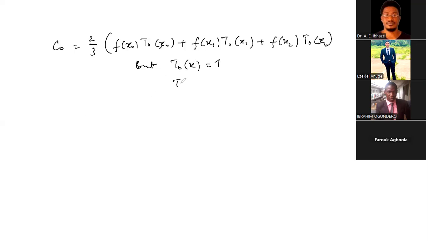So it means that T naught of S naught will be the same as T naught of S1, the same as T naught of S2, which will be the same as 1, because 1 is a constant. So no matter the point we take, it is a constant value. It's more like a DC value, right?